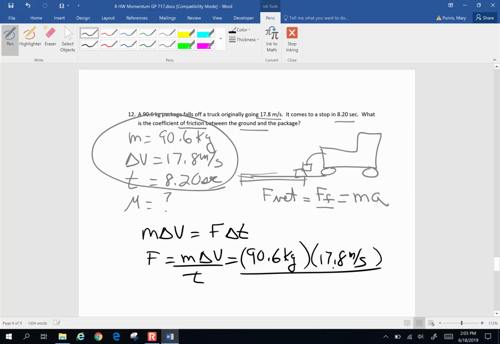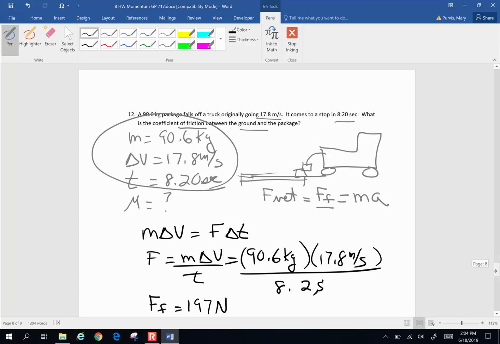It's going to be sliding on the pavement for 8.2 seconds. So the frictional force slowing this down is 90.6 times 17.8 divided by 8.2, and I get 197 newtons is the frictional force acting on the package.